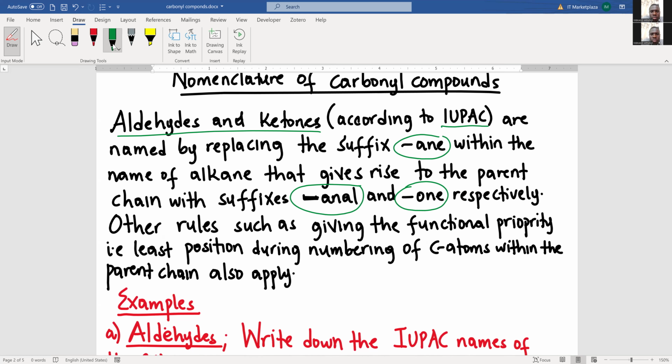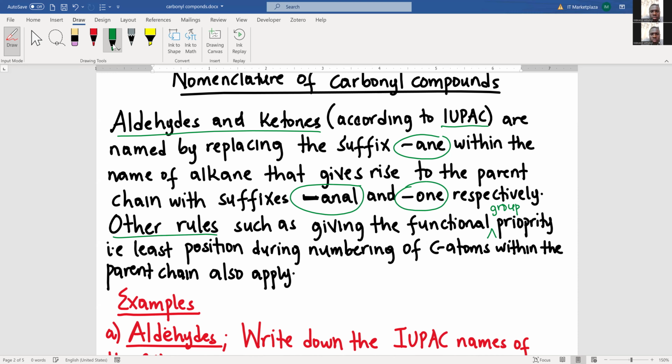So if I am naming an aldehyde, I replace -ane with -anal, as we are going to see in our examples. Then if I am naming a ketone, I replace -ane with -one, as we are going to illustrate. Don't forget the other rules, such as giving the functional group priority.